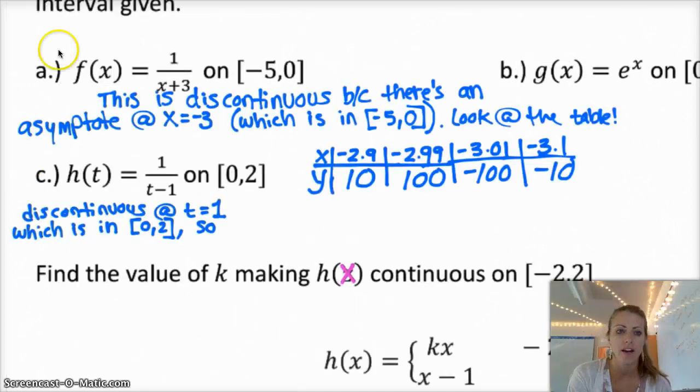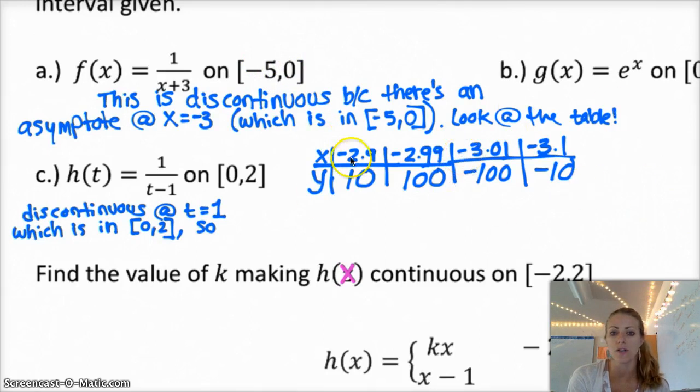Okay, so for A, if you were to graph it, you could see it's discontinuous. There's a vertical asymptote at x equals -3, because it makes the denominator 0. And since -3 is in between -5 and 0, which is the interval we're looking at, we know it's discontinuous on that interval.